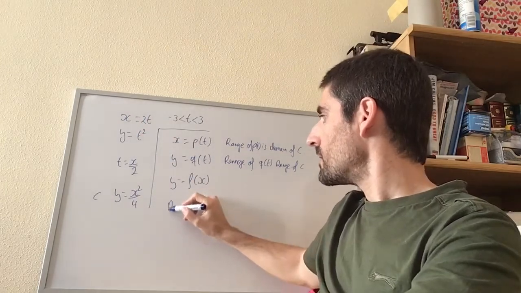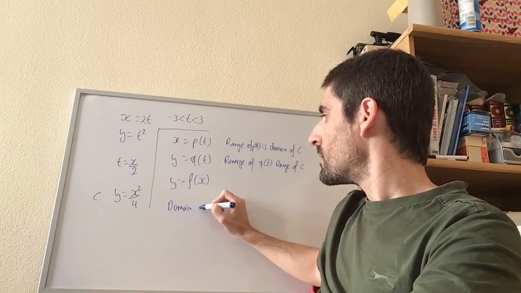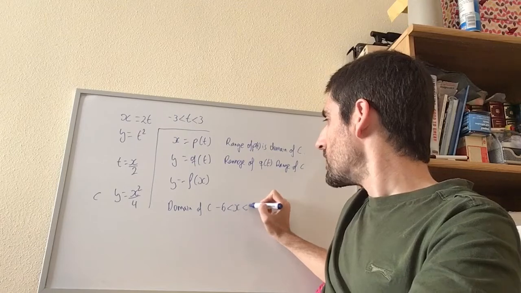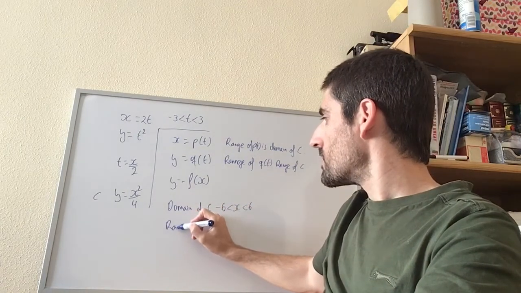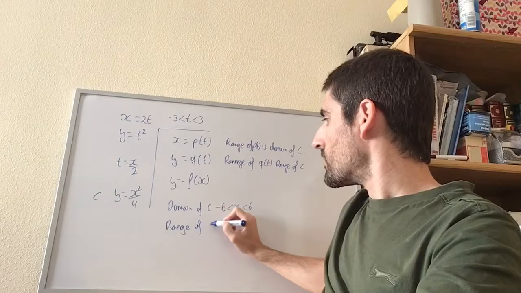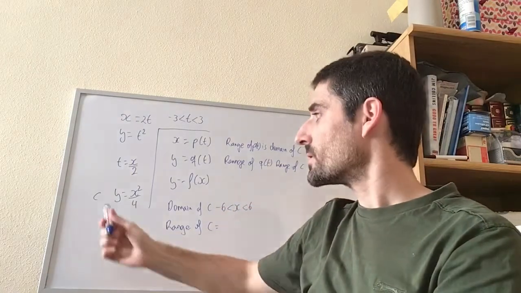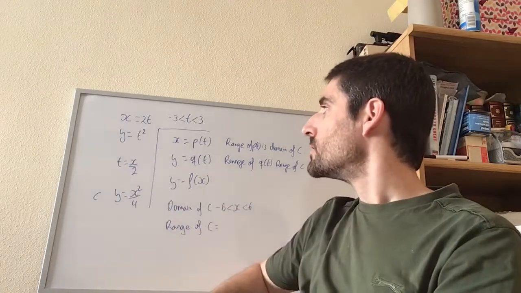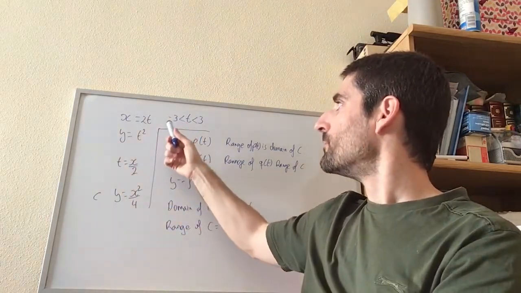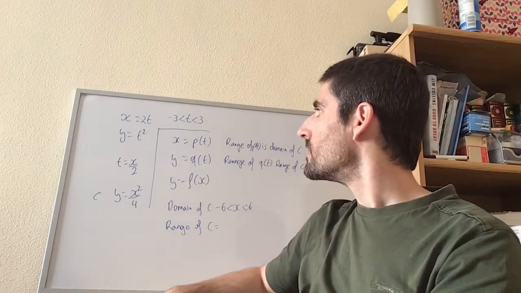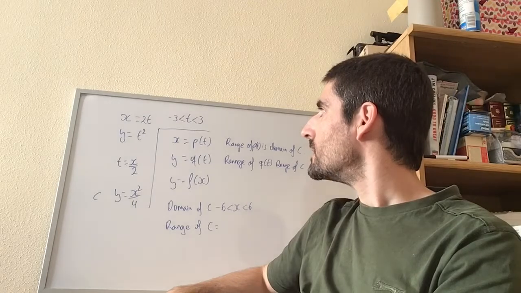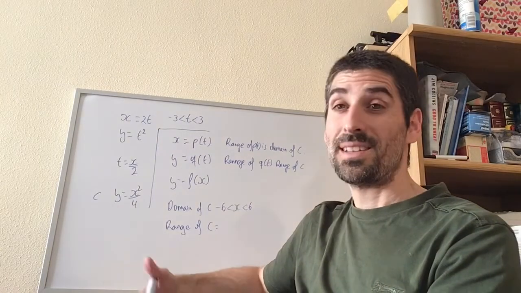So the domain of the Cartesian is -6 less than x less than 6, and the range of the Cartesian equation, the possible values of y, is the range of the y function. So the range of the y function is going to go from -3 squared is 9, 3 squared is also 9.